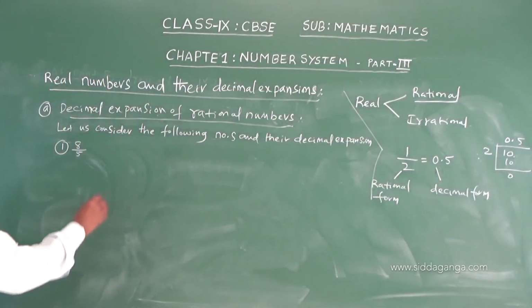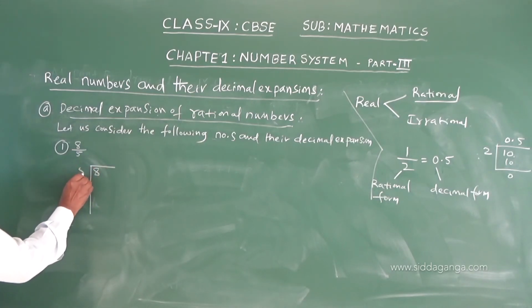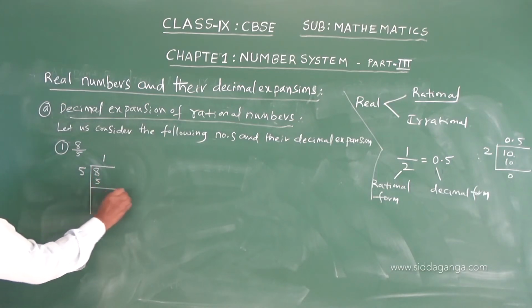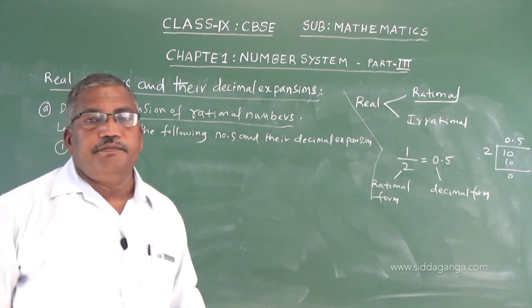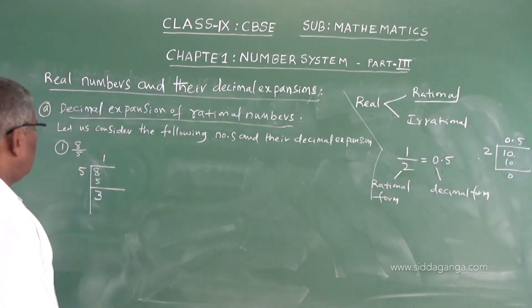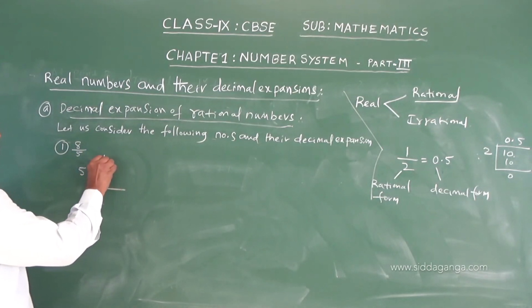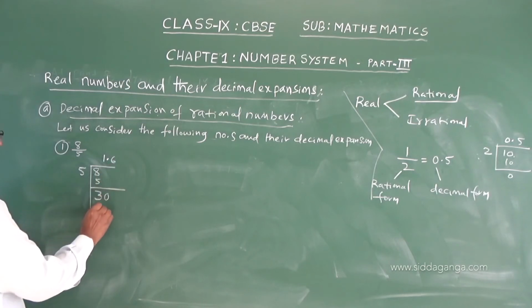Now, if you divide 8 by 5, you know the division process. 5 ones are 5. So 3 is the remainder. Now 3 is not divisible by 5. So what we do is we put a decimal here, 0 here, 5 6s are 30.